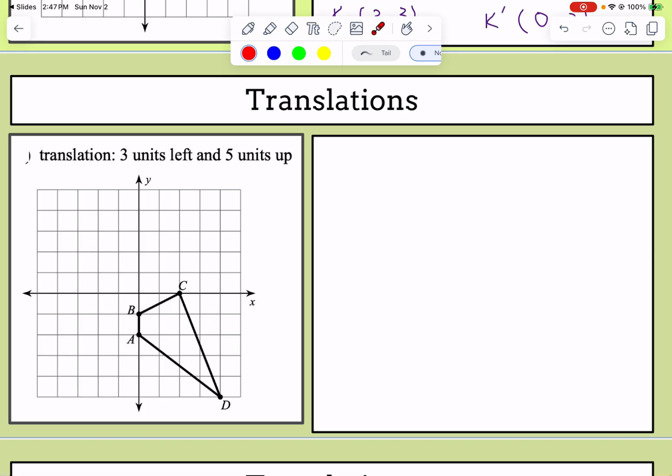Okay, welcome back. I'm gonna take all 4 of my points, go 3 units left and 5 units up. So A prime ends up here, B prime ends up here, C prime 3 units left. So I'll just show in case you're struggling with spaces. 1, 2, 3, 1, 2, 3, 4, 5.